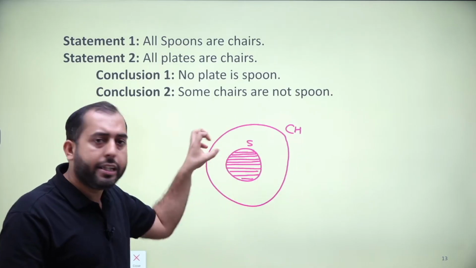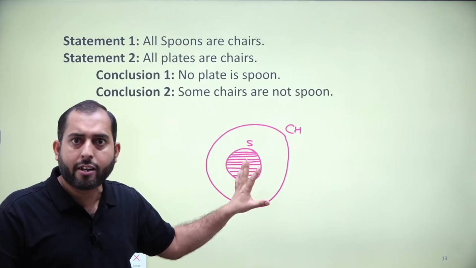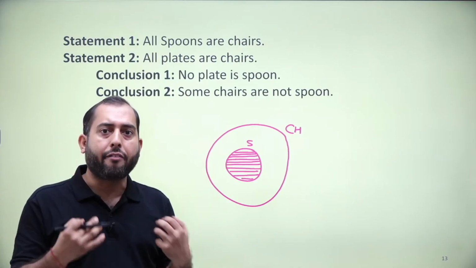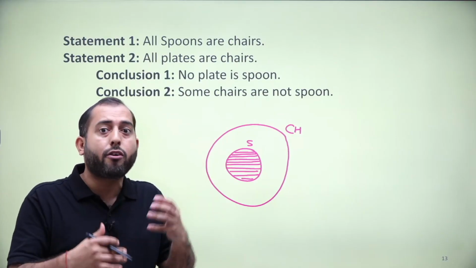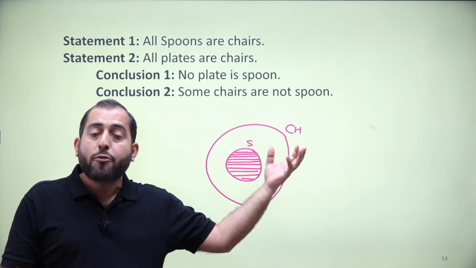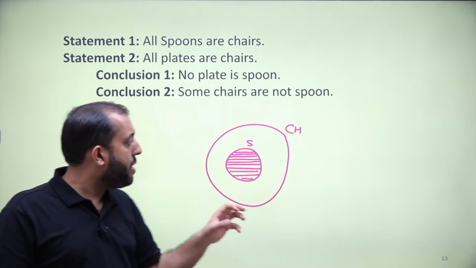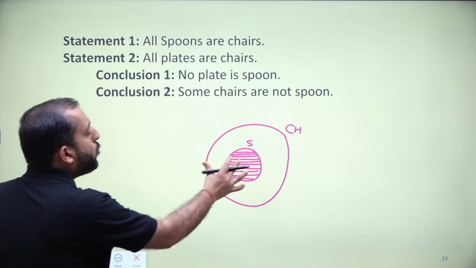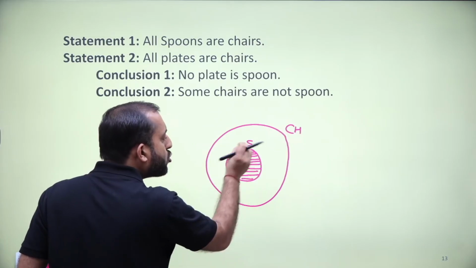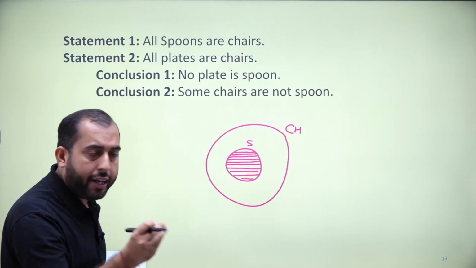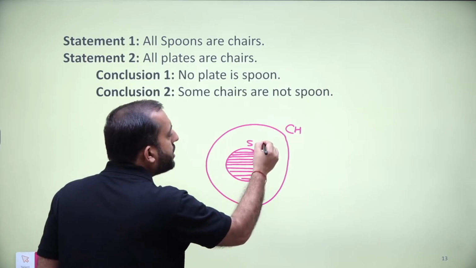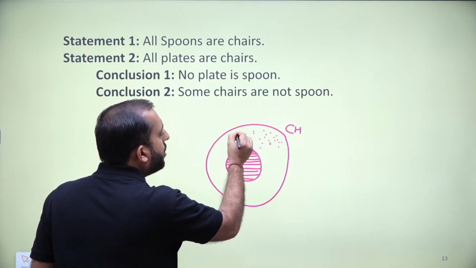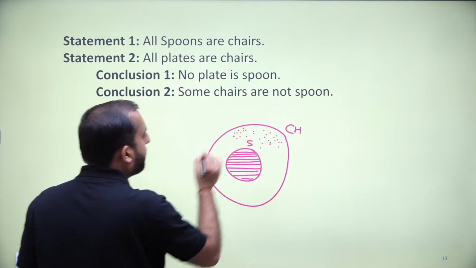I'm not writing the indefinite and definite reason right now, because in the actual exam you just have to visualize the definite and indefinite reason for the diagram. You don't have to write it down over and over again. Okay, the task is to visualize it. So spoon is lying inside chair, so spoon will be definite, and everything which lies outside the spoon will be indefinite according to statement 1.